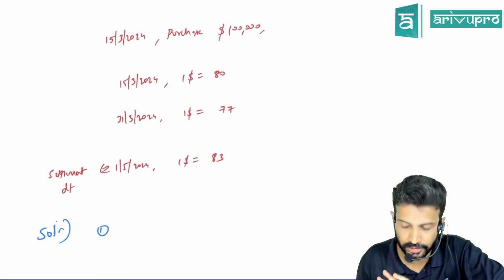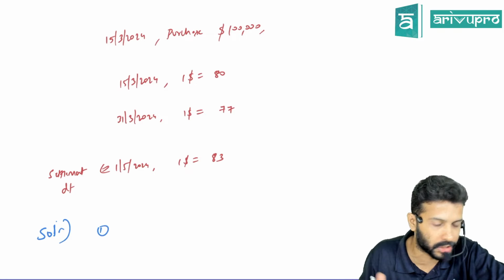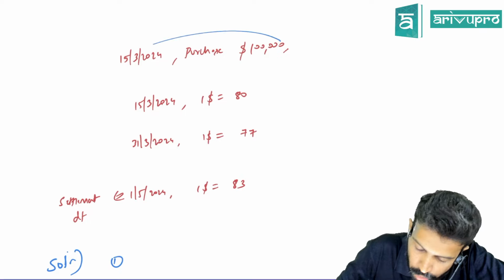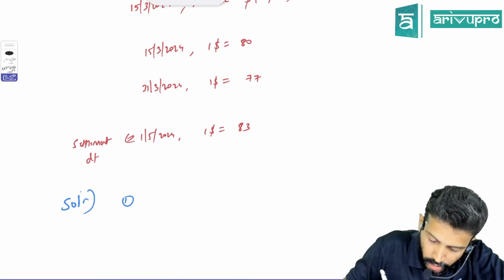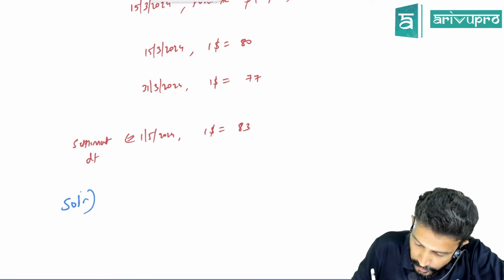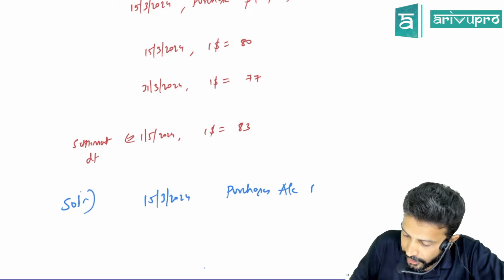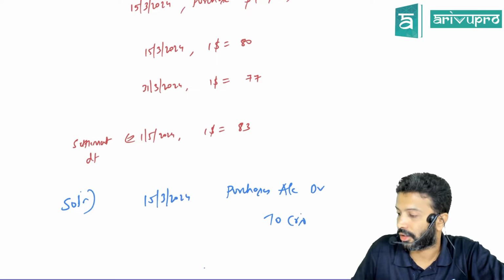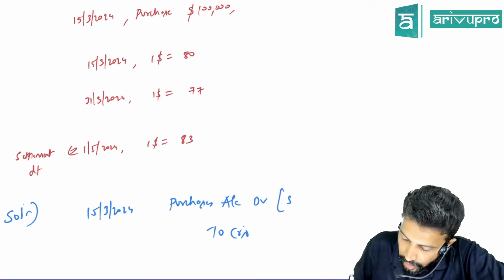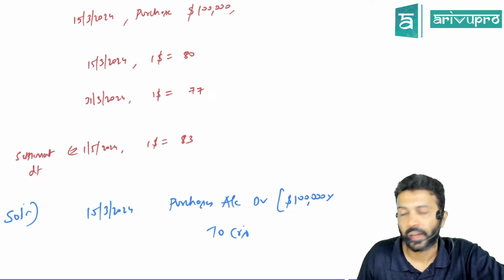Can we solve this scenario using that provision? When did you purchase the goods? 15th March. So on 15th March 2024, what is the journal entry for credit purchase? Purchases account debit to creditors. Can I record it at $1 lakh or do I have to convert? Convert.